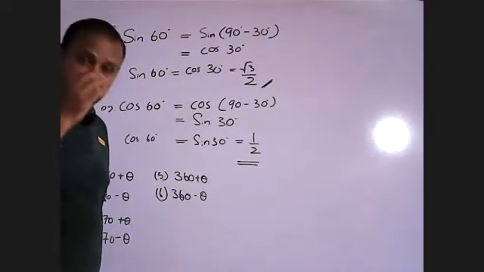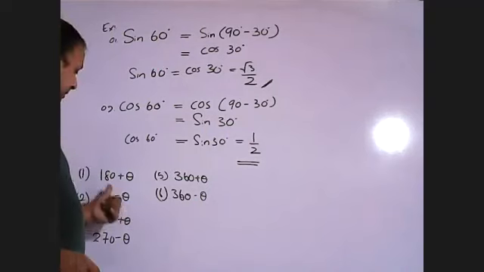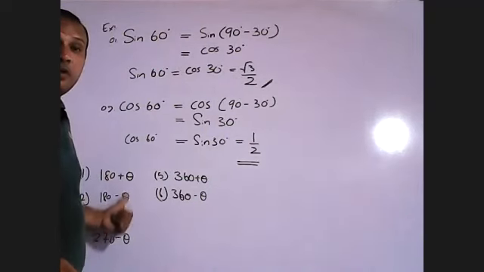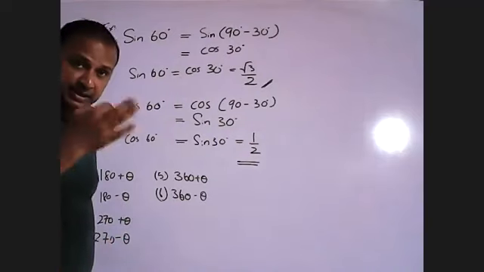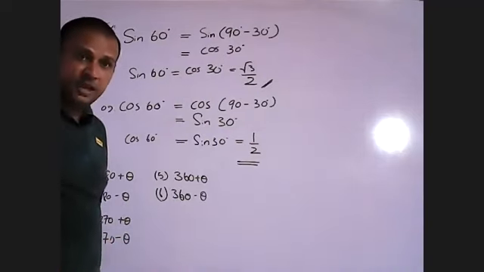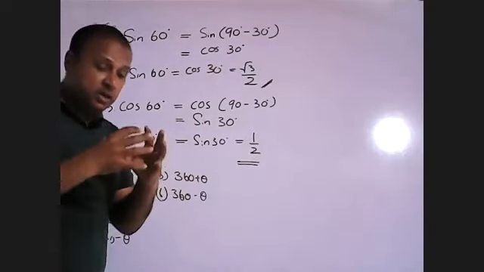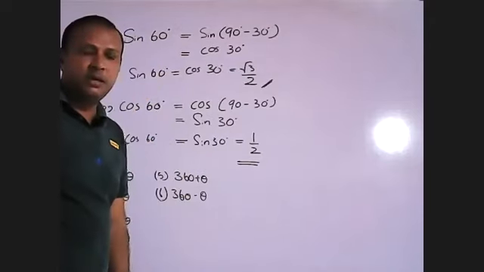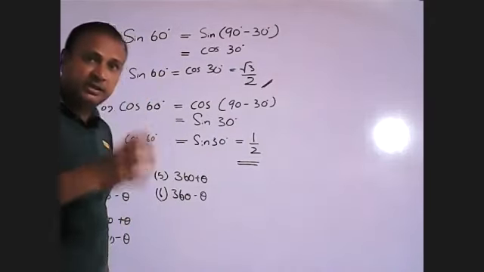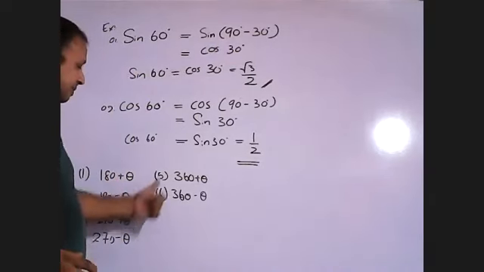You have to derive or determine the sine, cos, tan values of these angles with respect to theta. Using the trigonometric ratios of theta, you have to determine these angles.